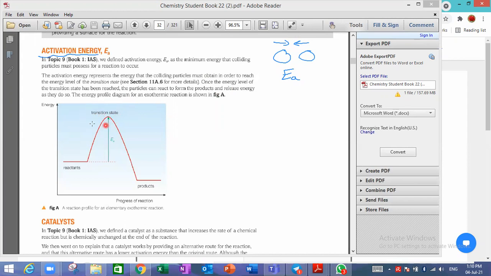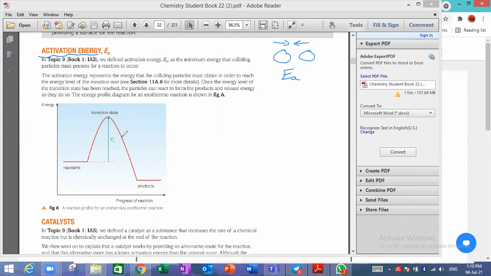And from this transition state, they start to form the products by releasing energy, whether they form an exothermic reaction, as you can see here in this figure, where the energy of the products is lower than the energy of the reactants.